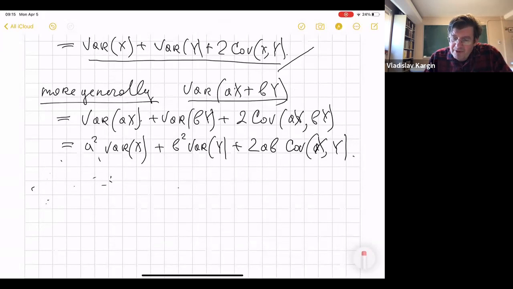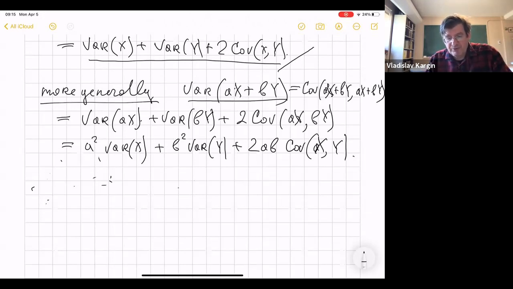Why? You can think of it as a covariance of ax plus by with itself. And after that, we are writing this formula.